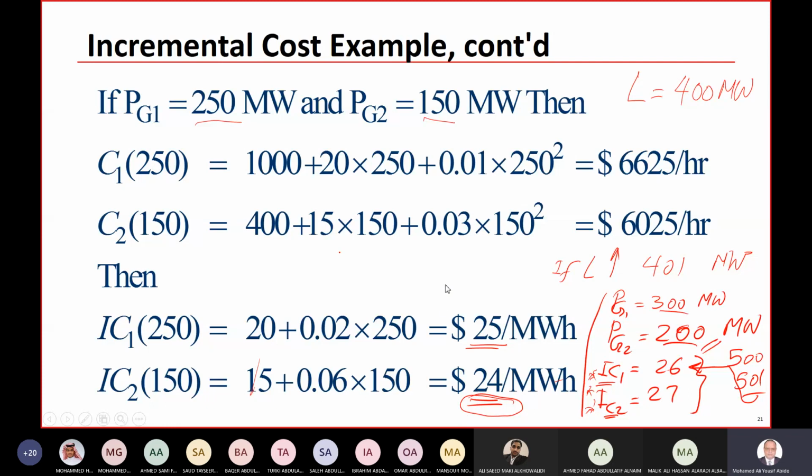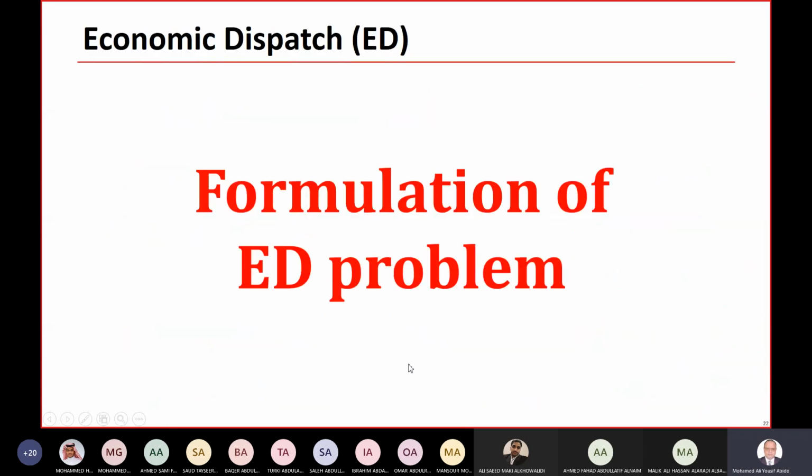Okay. So let us formulate the economic dispatch problem as an optimization problem. The optimization problem is very simple, and the typical formulation is you have a cost function, you need to minimize or maximize. Definitely you can also have some cost function that you need to maximize.